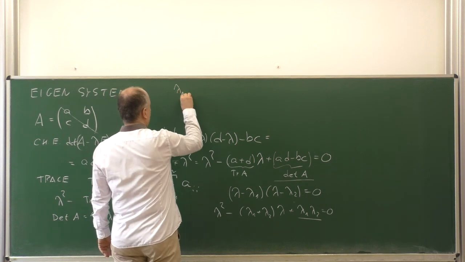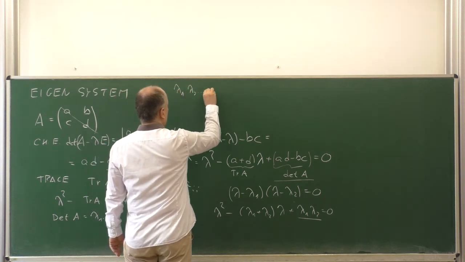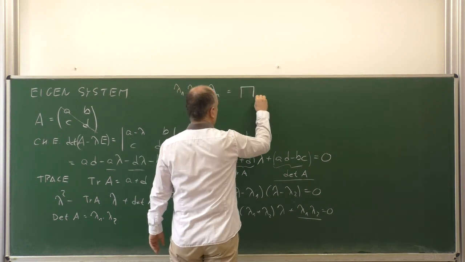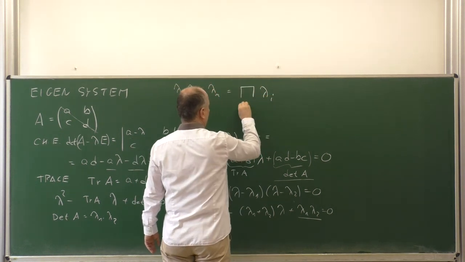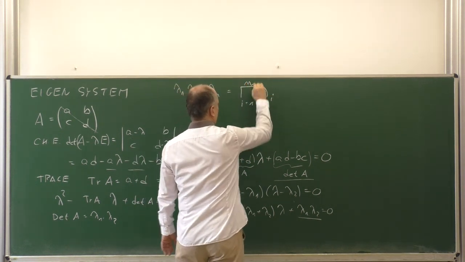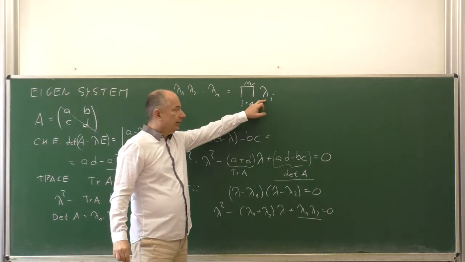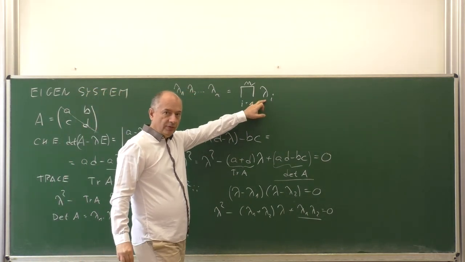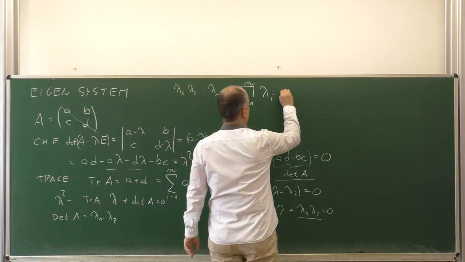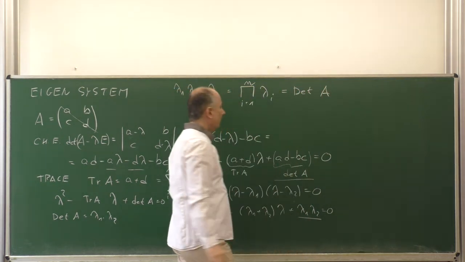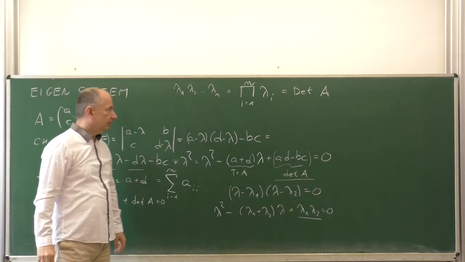So the expression lambda 1 times lambda 2 up to times lambda n can be written as the product of lambda i, i running from 1 to n. If we multiply all the eigenvalues, then the product is equal to the determinant of the matrix. So this is an important result.